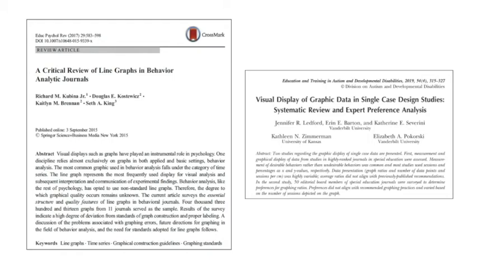Ledford and colleagues included slightly different journals than Kubina. They included some more special education specific journals, but their findings were very similar. Very few graphs fit within those parameters. A really nice addition in the Ledford study is they then surveyed editorial board members in special education journals and basically found that their preference for graph construction did not align with current recommendations.